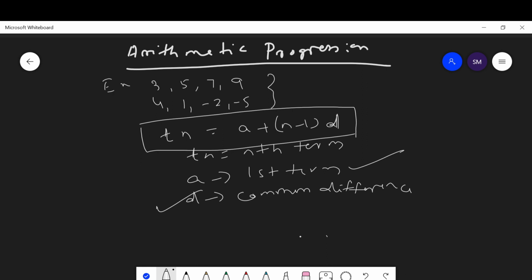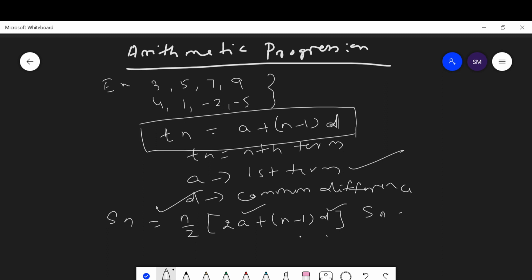The sum of the first n terms of an AP, Sn, is represented by the formula n upon 2 into (2a plus n minus 1 into d), where a is the first term and d is the common difference.